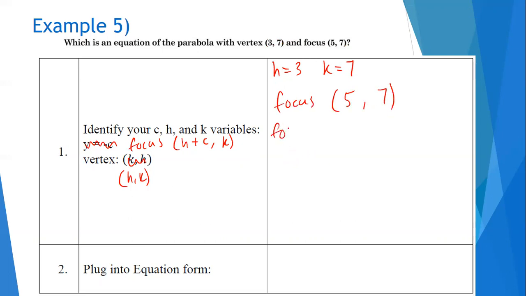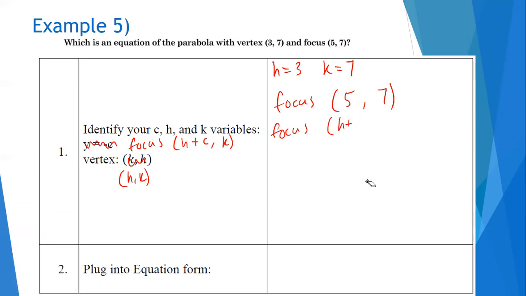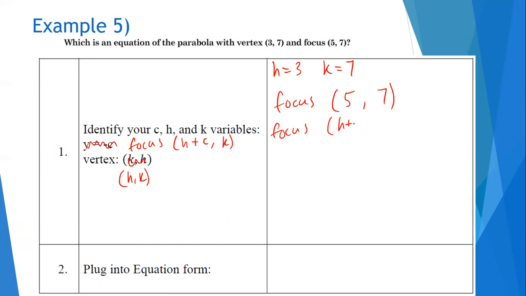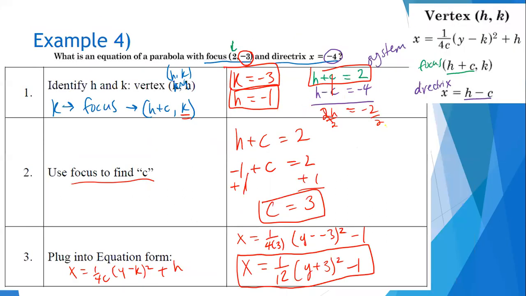And the rule for our focus is that we have h plus c, comma k, and everything should line up. So when I look here, is this a true statement? Does 7 equal k?